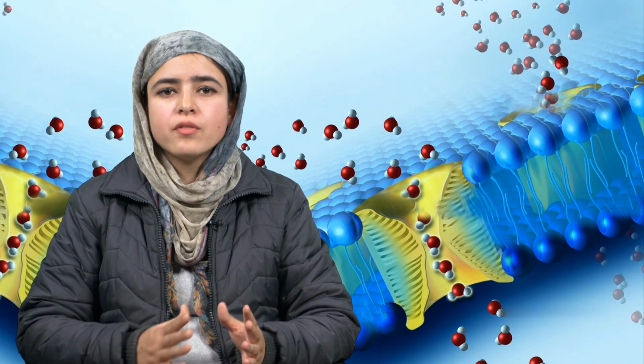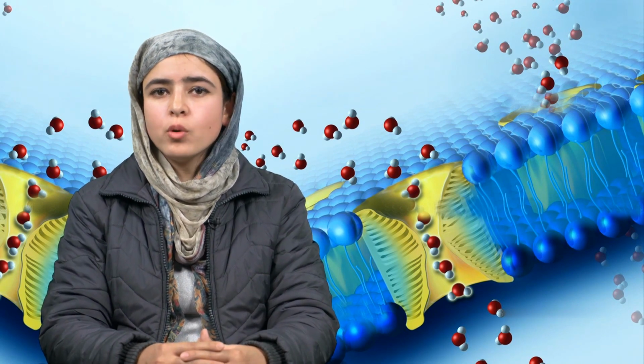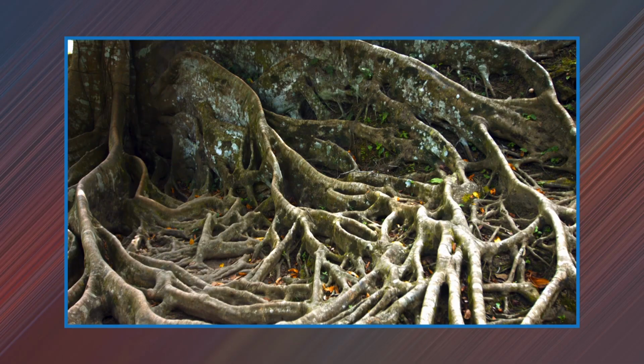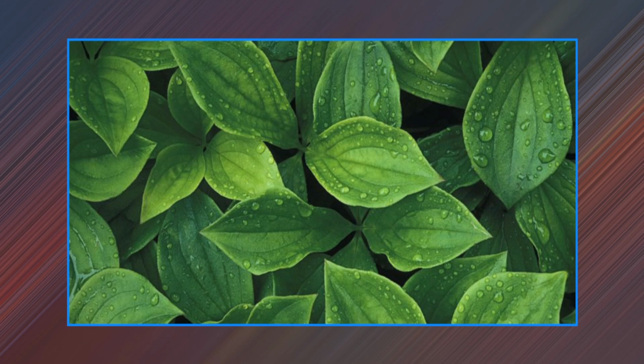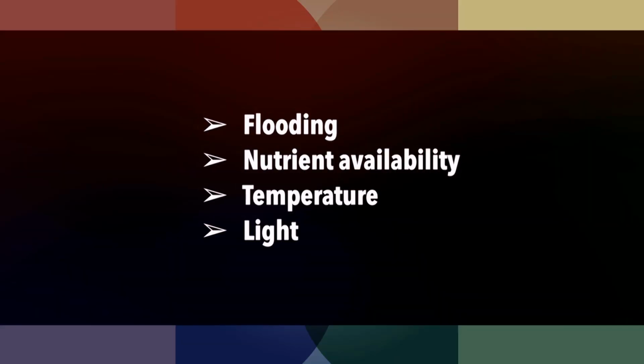Combined genetic and physiological approaches are now integrating this knowledge, showing that aquaporins play key roles in hydraulic regulation in roots and leaves during drought and in response to stimuli as diverse as flooding, nutrient availability, temperature, or light.